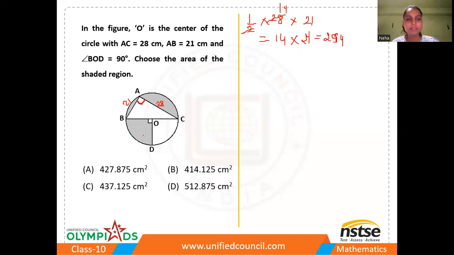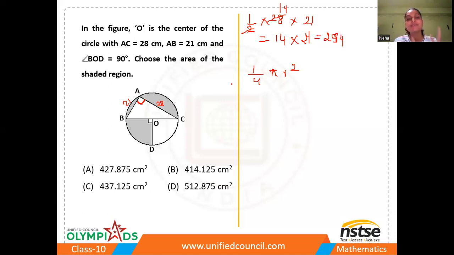Now we have to find out the area of this region also, right? The DOC, correct? Now students, the DOC is nothing but the quarter part of the circle, right? So for the quarter part of the circle, the area will be 1 by 4 pi r square, right?